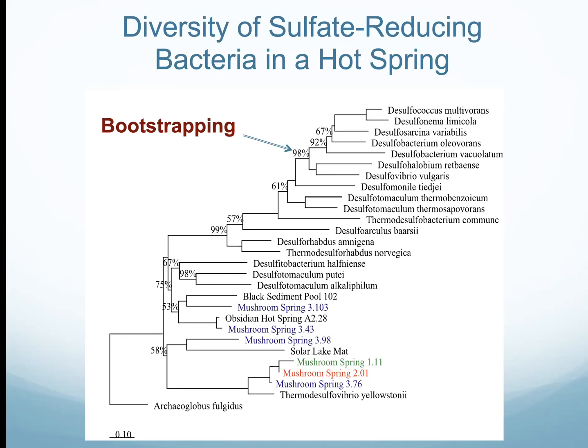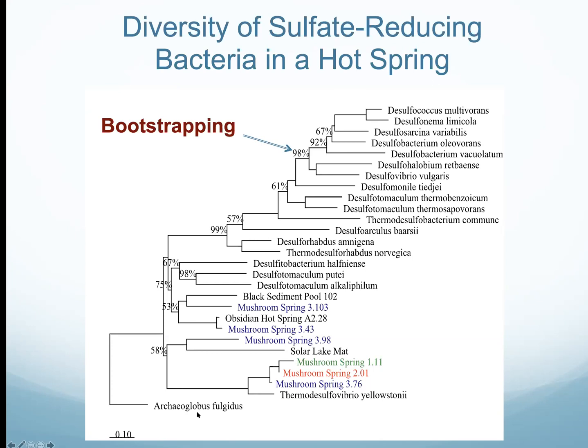These are sulfite reductase genes, which I isolated from these hot spring sulfate reducers. Anytime you see desulfo or thermodesulfo, that's a good indicator it's a sulfate reducer. This is an archaeal genus that also has that gene. I got it through lateral transfer. So I use this as what we call an outgroup.